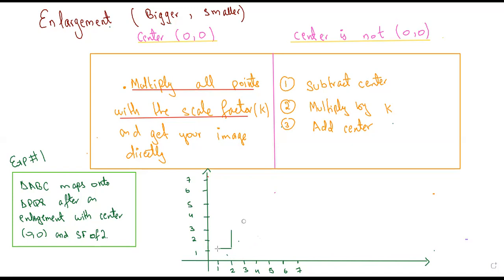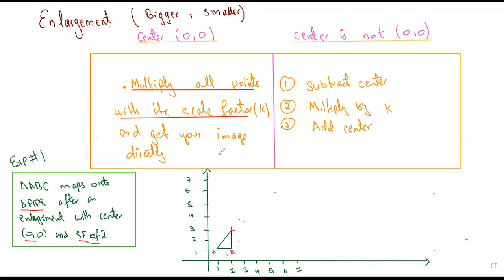The height is 2 units. This is the triangle ABC. So it is A, B, and C. And you need to find the triangle PQR. The center is 0, 0, and the scale factor is 2.